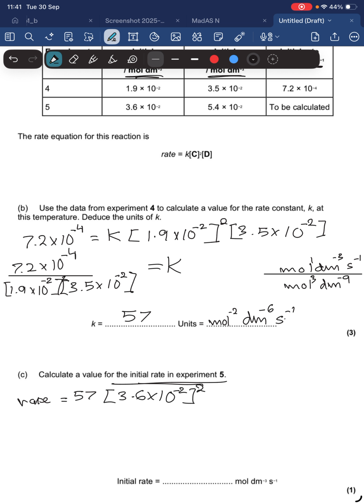Respecting that equation, we put a squared on that. And then we do 5.4 times 10 to the negative 2, which gives us 3.99 times 10 to the negative 3, which would be our answer.